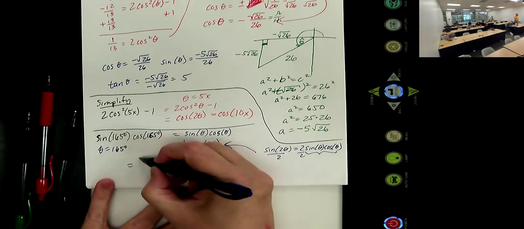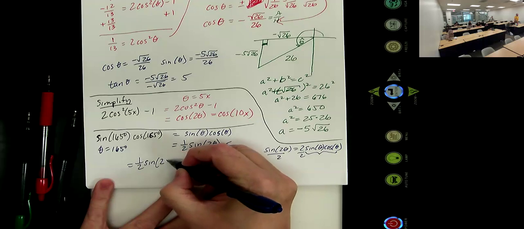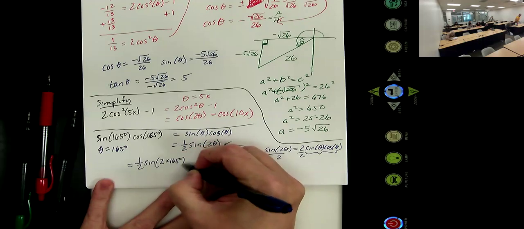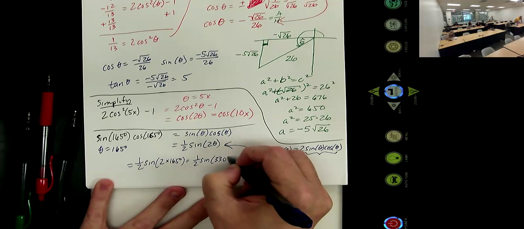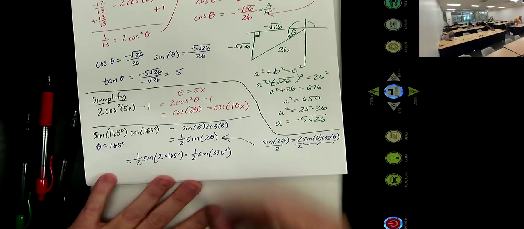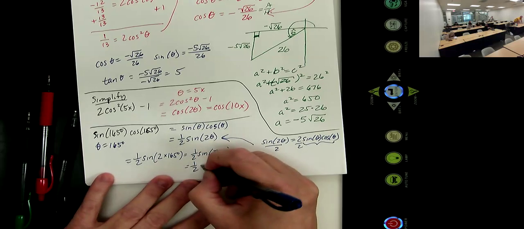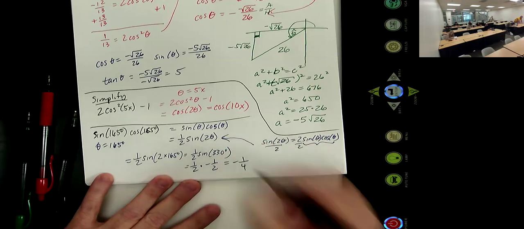That's gonna equal 1/2 of sine of 2 times 165 degrees, which is sine of 330. Do we know what sine of 330 is? It's negative 1/2. So this is negative 1/4.